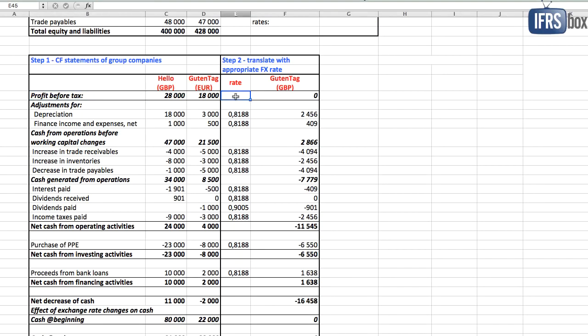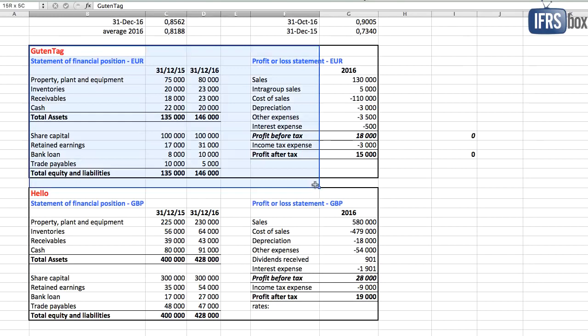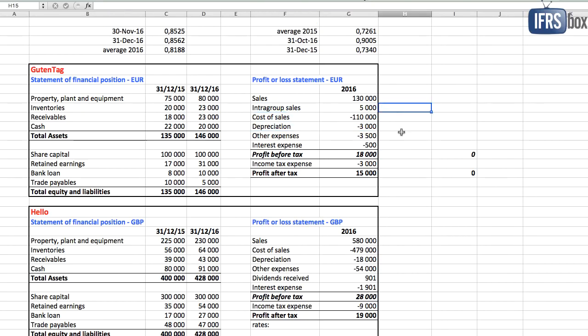Here, be careful, and I recommend not applying any rate in the statement of cash flows, but taking this number from Gutentag's individual profit or loss statement translated to British pounds. The reason is that in that profit or loss statement in British pounds, there are Gutentag's numbers translated with different rates, not just with one rate, so we need to translate profit or loss too.